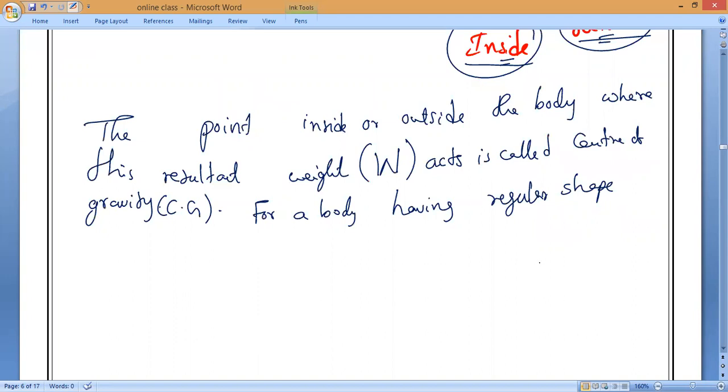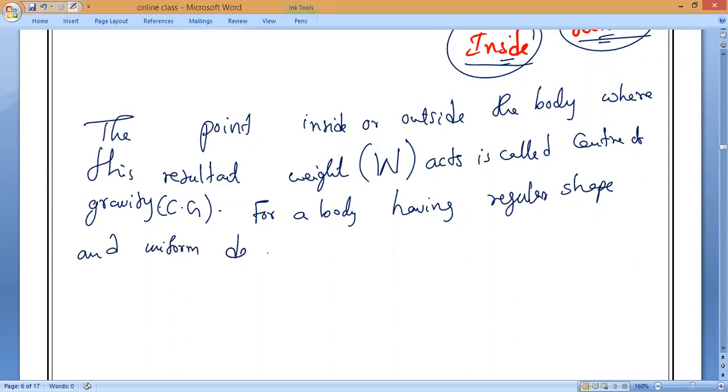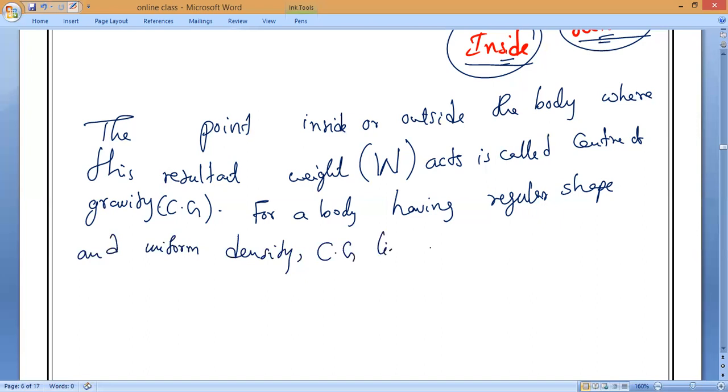For a body having regular shape and uniform density, CG lies at its center.